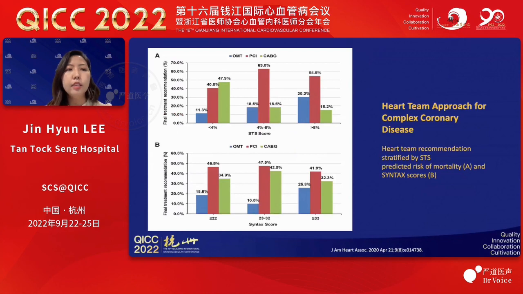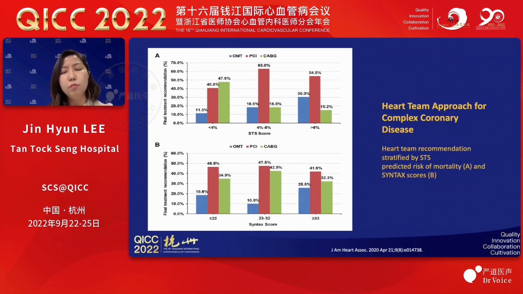So this is a study published in JACC, and it looked at the multidisciplinary heart team approach at MGH, basically a single center. They re-stratified the heart team recommendations by STS and SYNTAX scores. What it showed is that it's not the SYNTAX score that drives patient decisions.